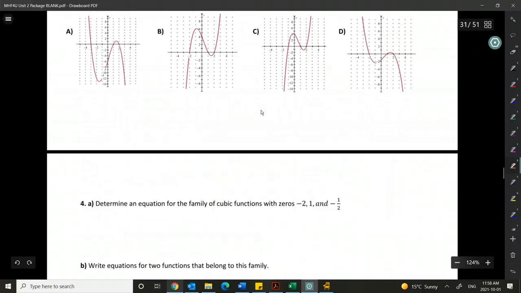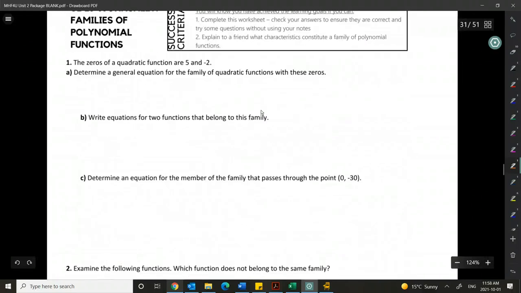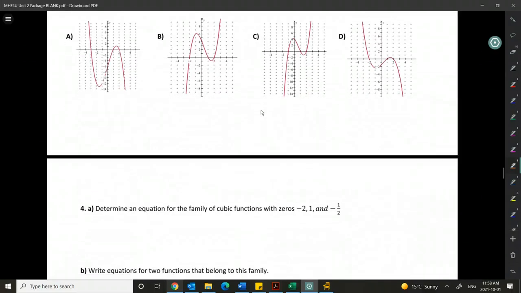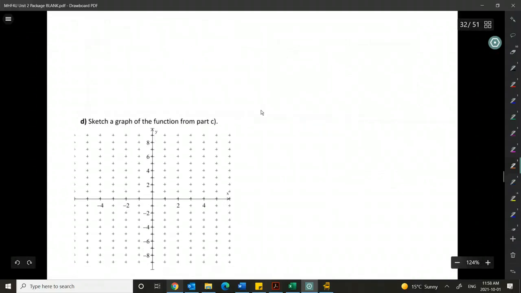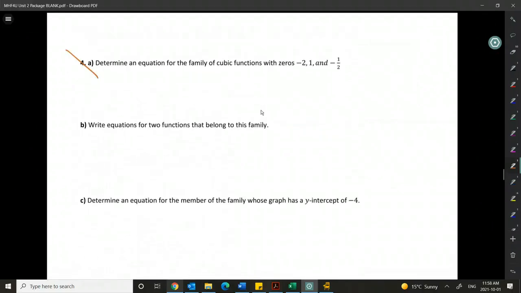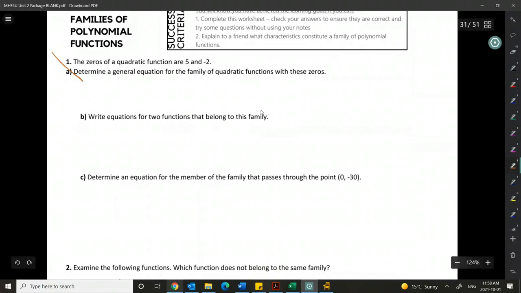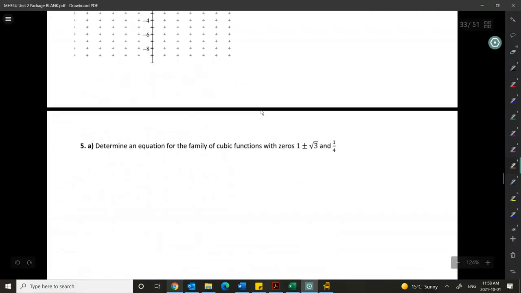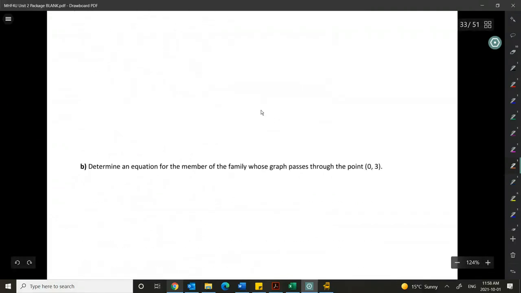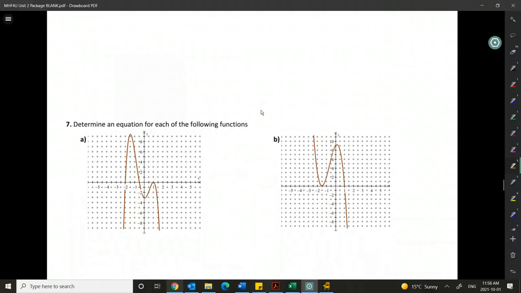The first page is pretty quick actually. We can take out 4. Actually, this one asks you to sketch. So I'm going to take out 1 then, because 4 is pretty much the same thing but with a sketch. So we'll do 4. I think 5 and 6 are good to practice, and then determine an equation.